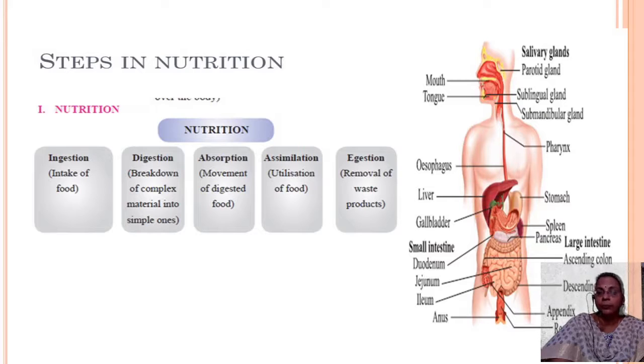Along with that, the pancreas also will secrete a certain amount of enzymes, collectively called pancreatic enzymes: mainly chymotrypsin, trypsin, then pancreatic lipase and pancreatic amylase. The intestine also secretes intestinal juice, which also helps in digestion.